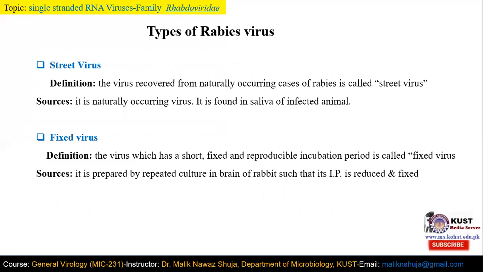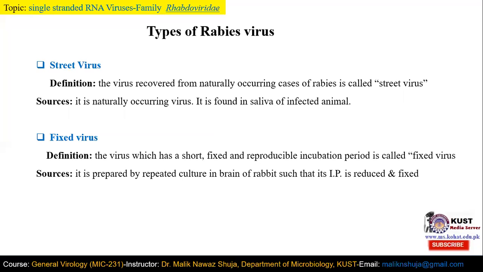There are two types of rabies virus. One is called street virus and the other one is fixed virus. Street virus indicates a virus in its wild form in naturally occurring cases. Basically, this virus is present in the saliva of rabid dogs or infected animals. It may be a fox, it may be a cat, and the natural reservoir of this virus is the bats in the jungles and the forest.